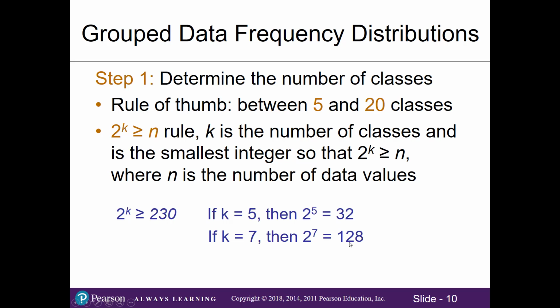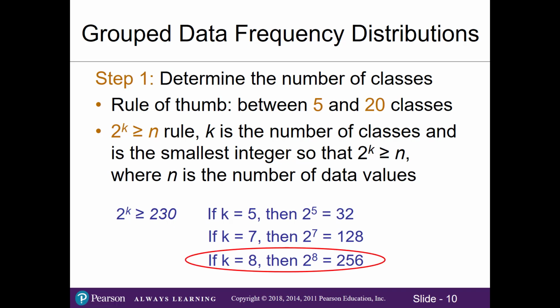That's still less than 230, so we'll try one more. Let's try k equals 8. When I take 2^8, I now get 256, which is greater than 230. So we know that we need at least 8 classes for our frequency distribution.